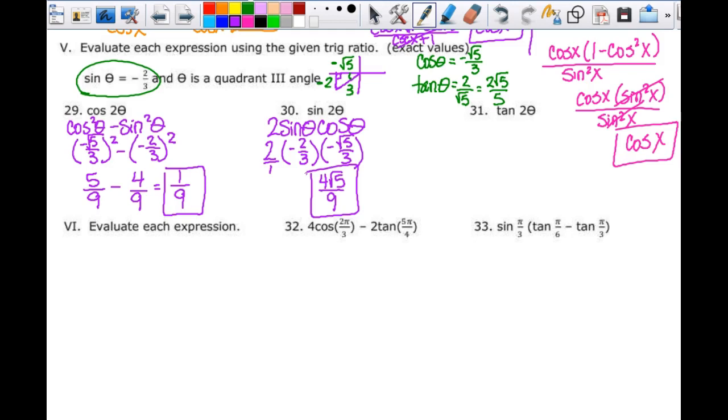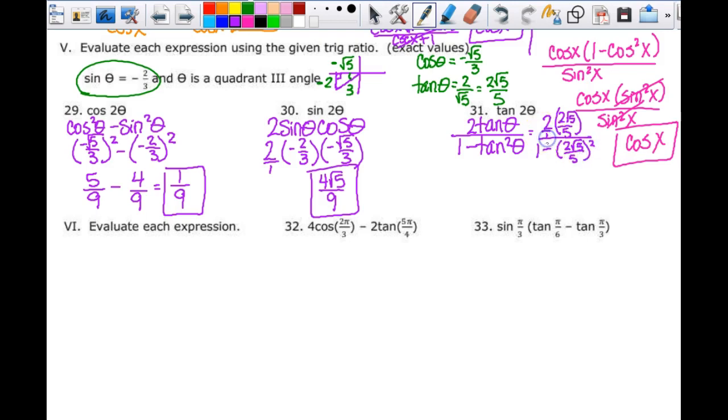And then for tangent of 2 theta, it becomes 2 tangent theta over 1 minus tangent squared theta. So this is going to be 2 times 2 square root of 5 over 5, over 1 minus 2 square root of 5 over 5, squared.